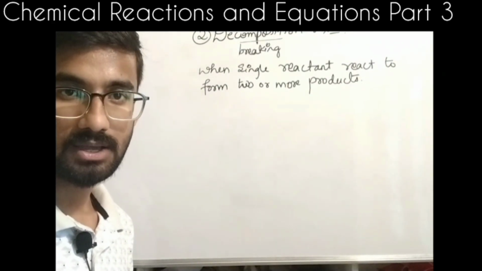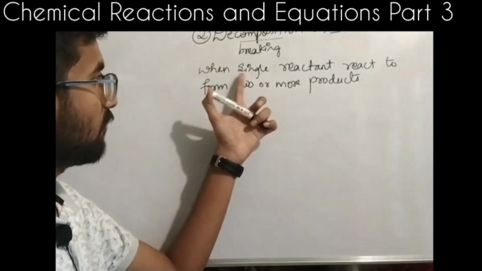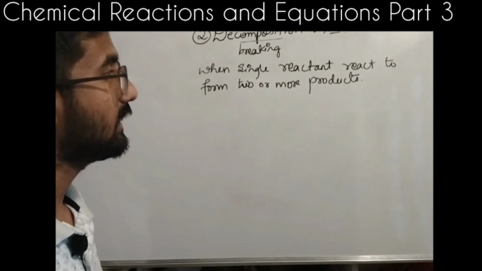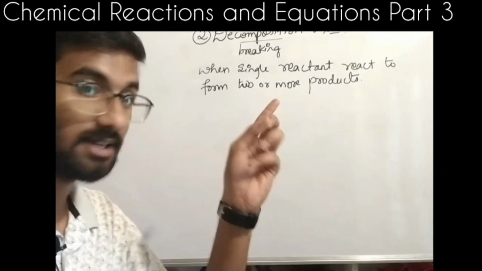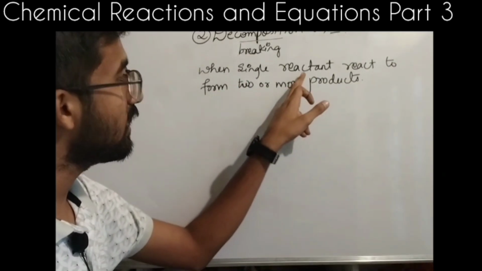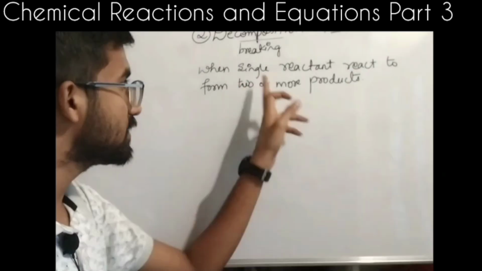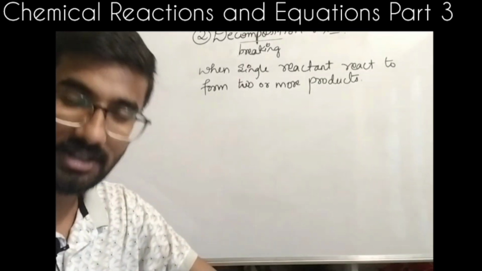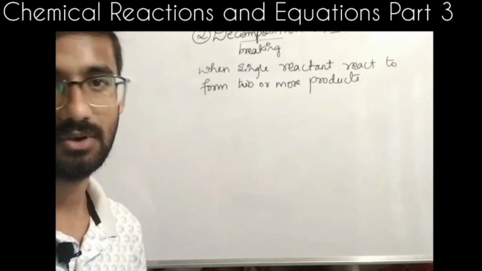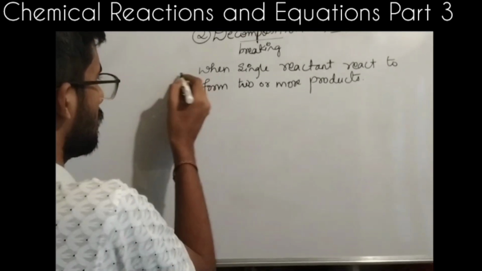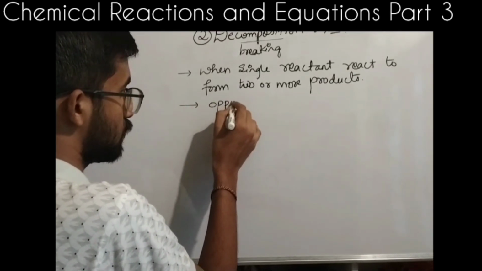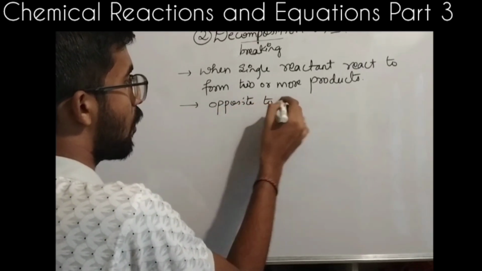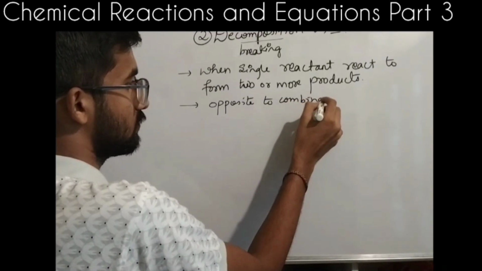Is it clear? When a single reactant reacts to form two or more products, that is decomposition, whereas two or more reactants reacting to form a single product is a combination reaction. You can write this as the definition, and also that it is opposite to combination reaction.